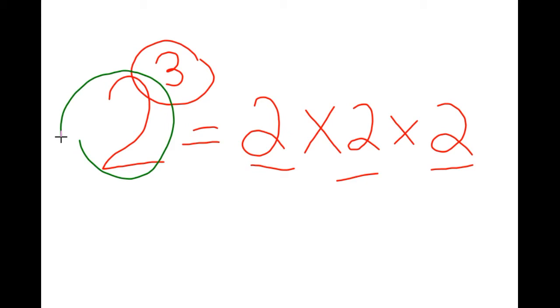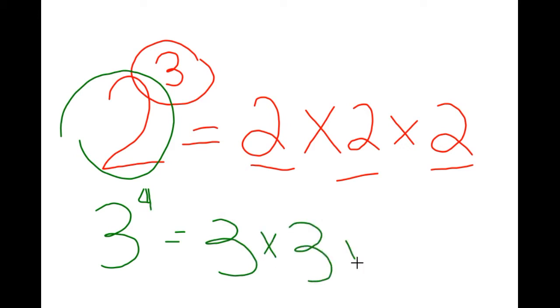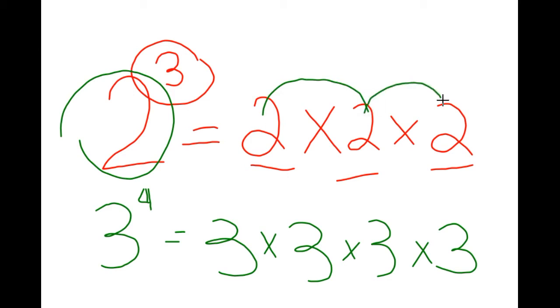Now if you have a number like 3 to the power of 4, this will mean 3 is being multiplied by itself 4 times. 2 to the power of 3, when you calculate it, will give you 2 twos are 4, and 4 twos are 8. This gives you 8.